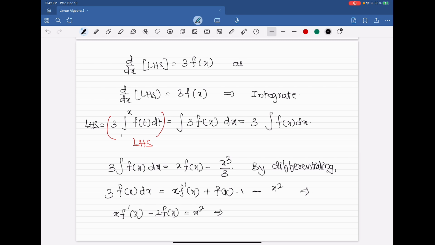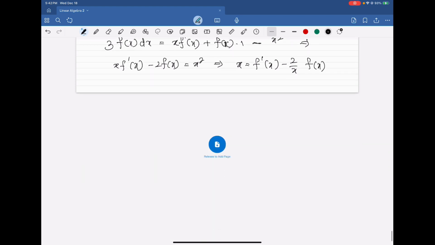That implies x is equal to f dash x minus 2 by x into f x. Then what happens?